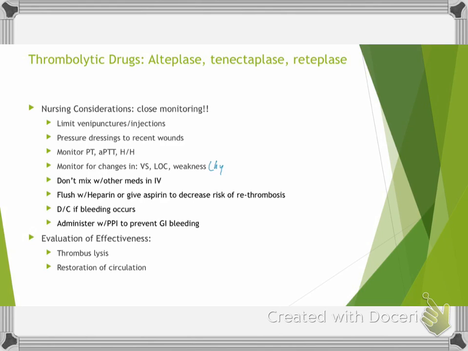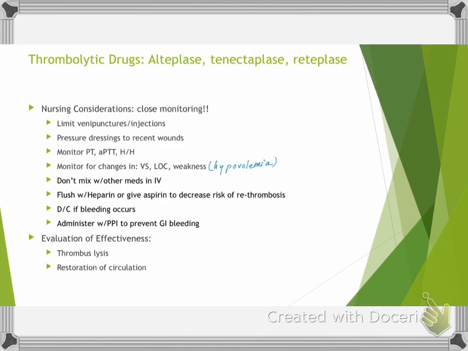So these would be signs and symptoms of hypovolemia, and we would want to notify the provider if any of these changes occur. You don't want to mix with any other meds in the IV; flush with heparin, or give aspirin to decrease the risk of rethrombosis, because remember it has a 5-minute half-life.